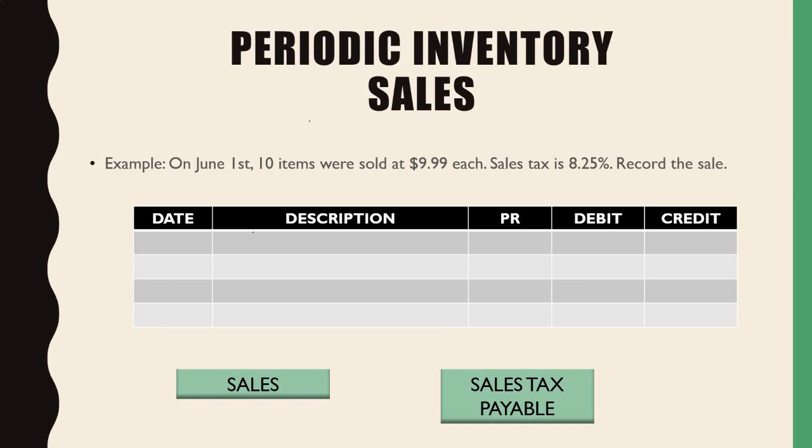So in this case, right? Now, let's just think of it in real life. You're selling a product to your customer. They're not going to hand you cash for the sales, and they're not going to hand you separate cash for the sales tax. This is your responsibility to make this separation so you know actually how much money is yours and how much money you owe the government. So this is one of the things that we have to do accounting for.